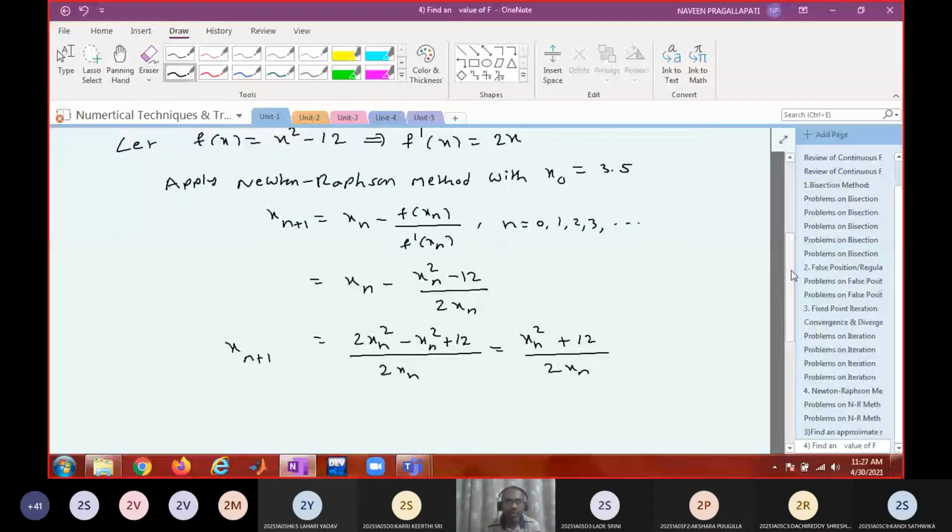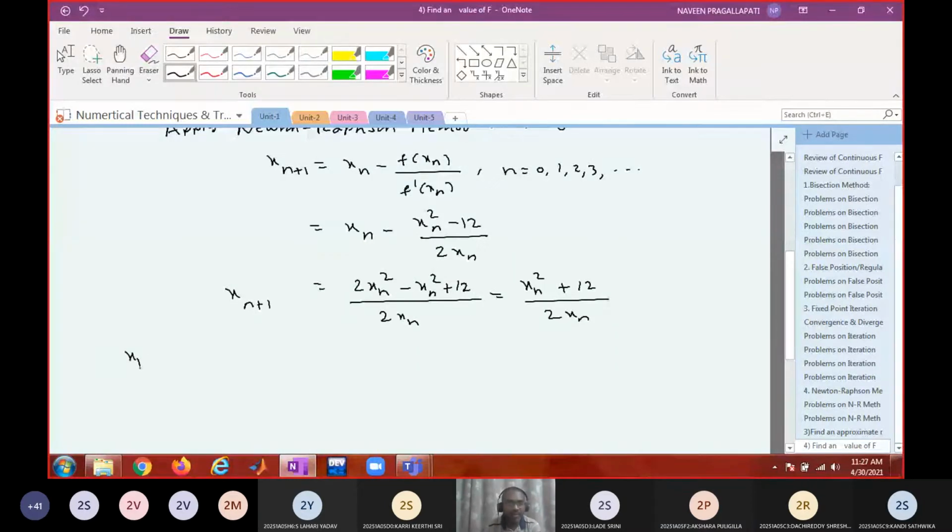Okay. So give x1. x1 is x naught square plus 12 by 2x naught. That means 3.5 square plus 12 by 2 into 3.5, which is 7.